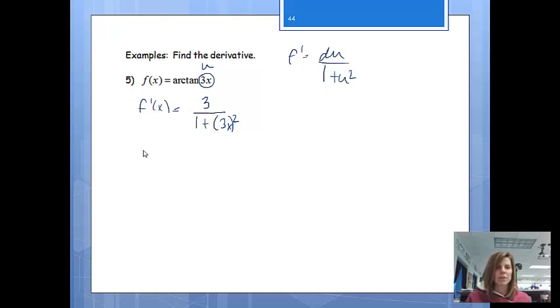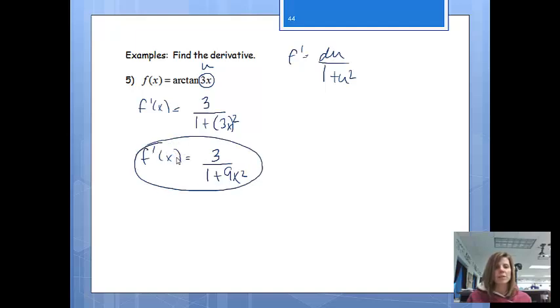And notice when I simplify this, I'm going to get the derivative is equal to 3 over 1 plus, be very careful on this one, 3x squared really means 3x times 3x, so this will be 9x squared. So you do have to square both the 3 and the x, and that is my answer.